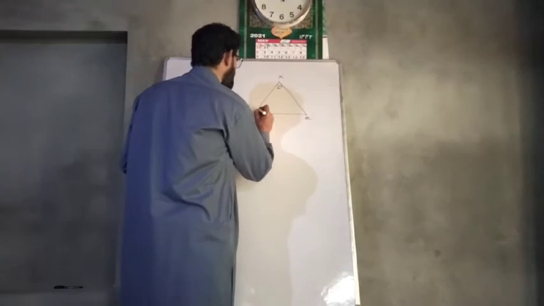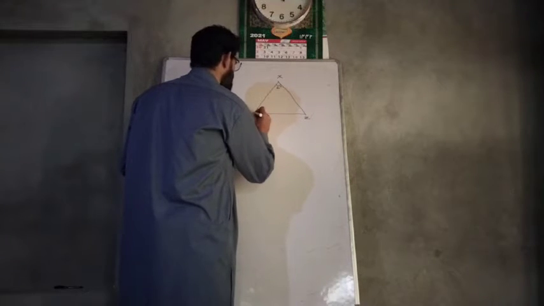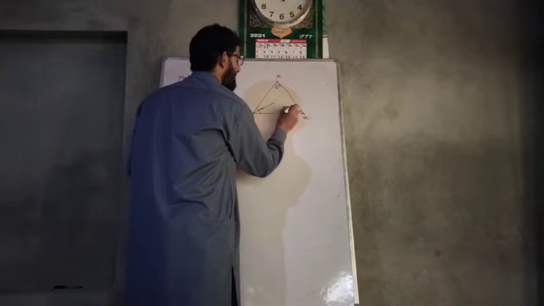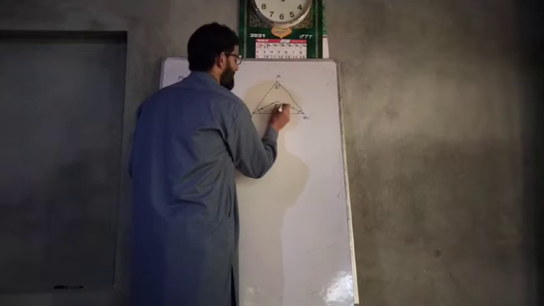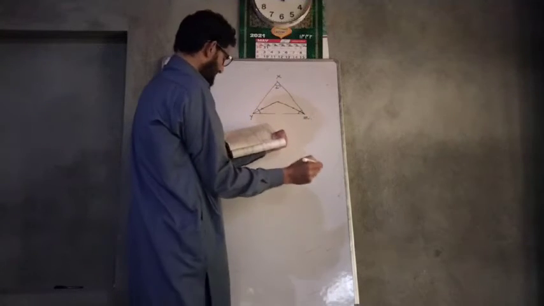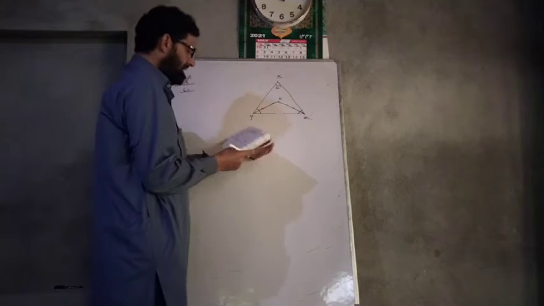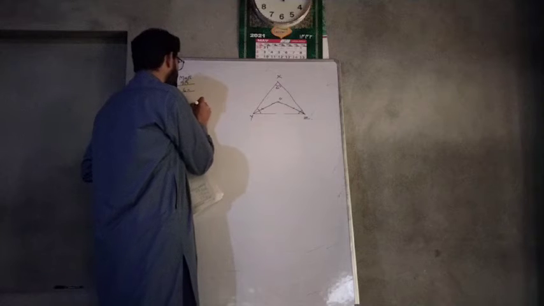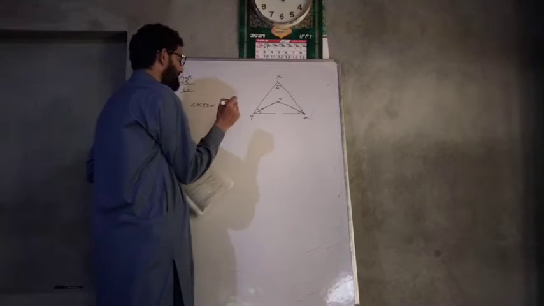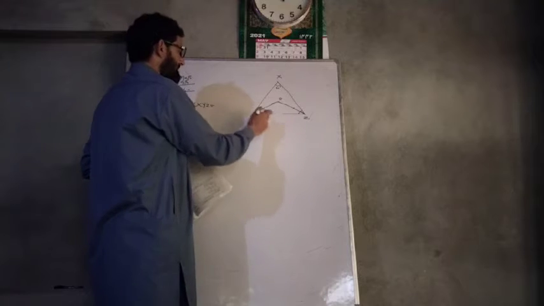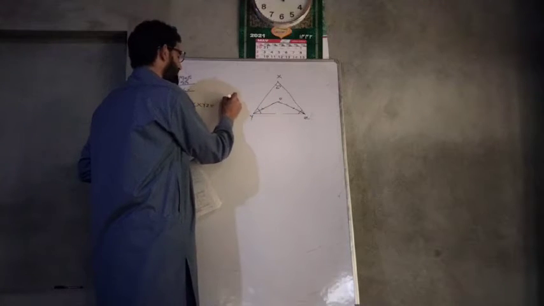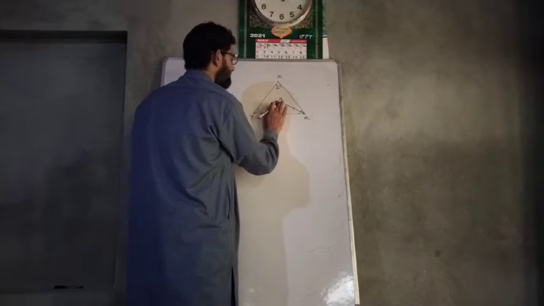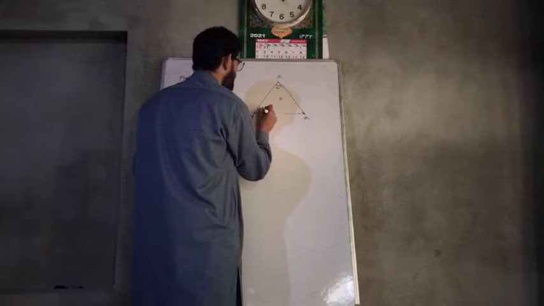And this is the bisector of this angle, and the bisector of this other angle, they meet each other at this point O. Now one thing is given here, this whole angle XYZ is equivalent to 54 degrees.